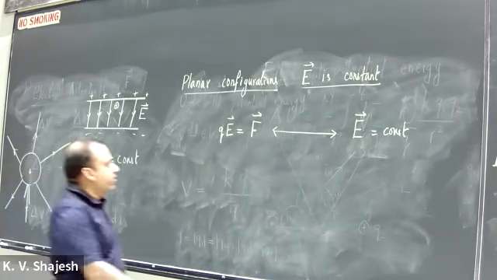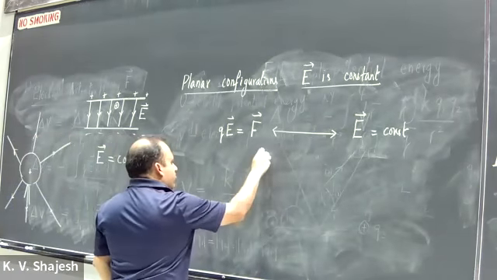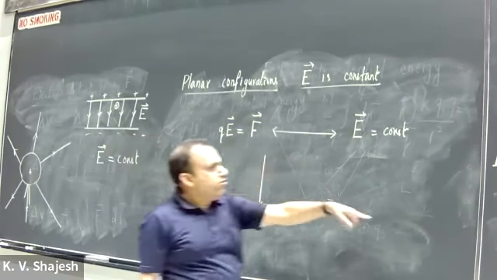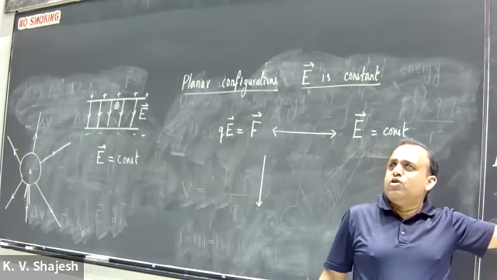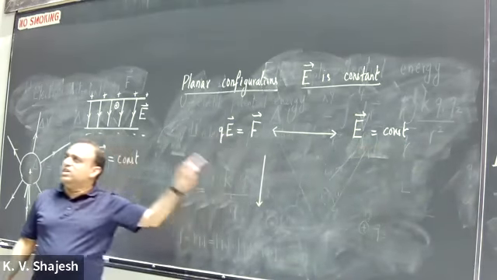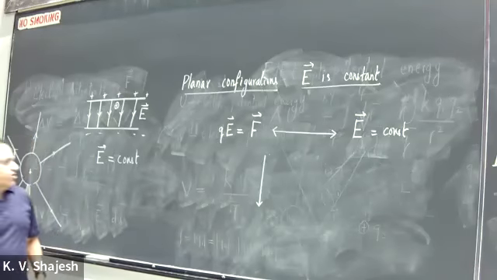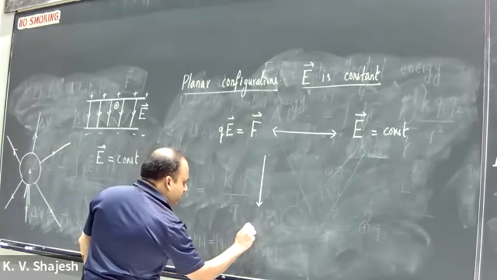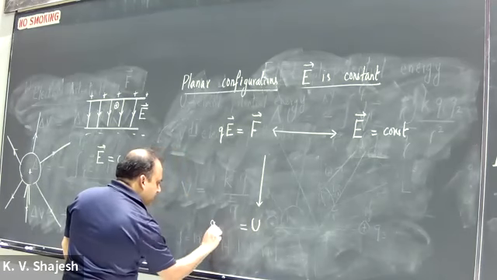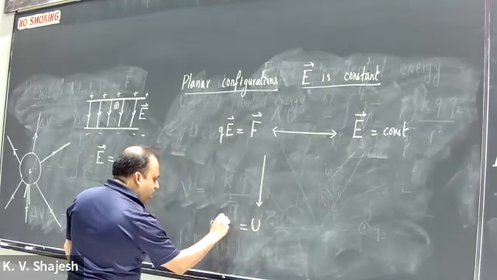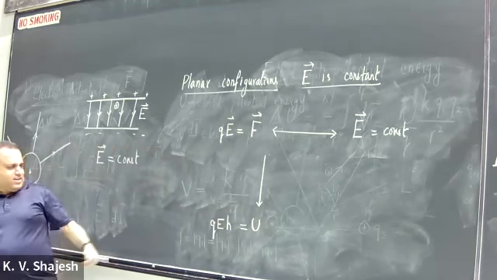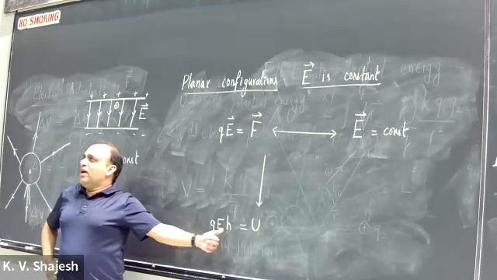What about the energy? Now, if it's a constant, this should be very simple. This is an integral, force dotted with a distance. So Q times E dotted with a distance. So potential energy U is simply Q times E times, let's call it the height X. Remember your mgh.